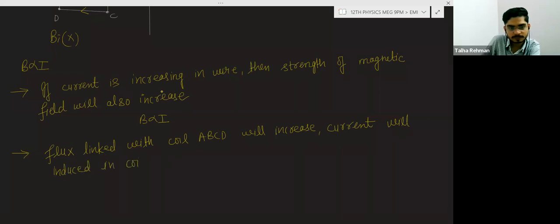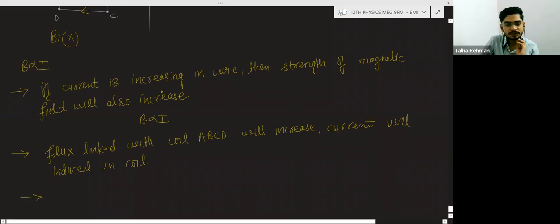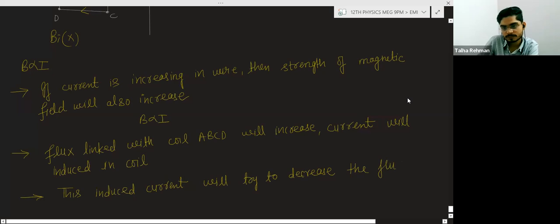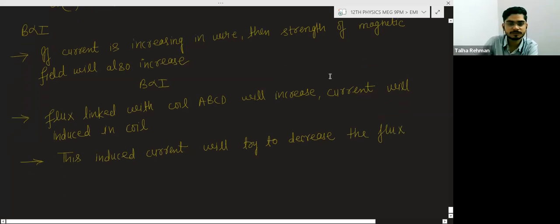You can say this induced current will try to decrease the flux linked with the coil.